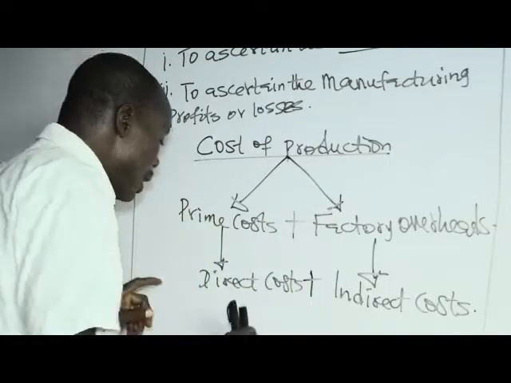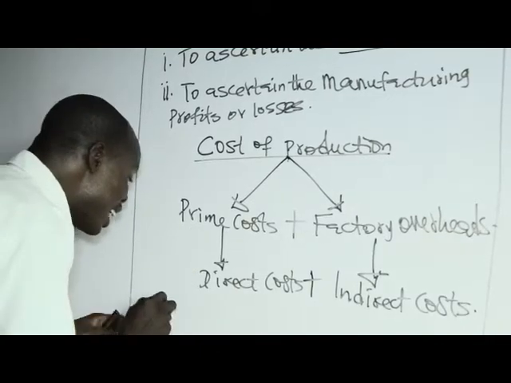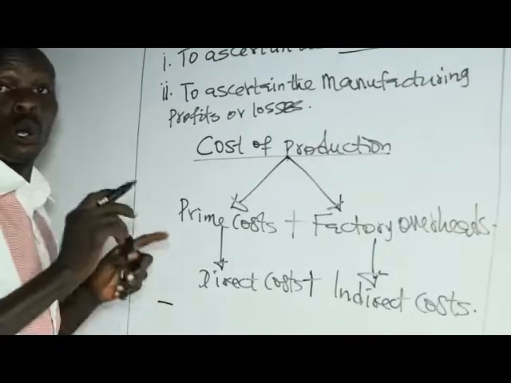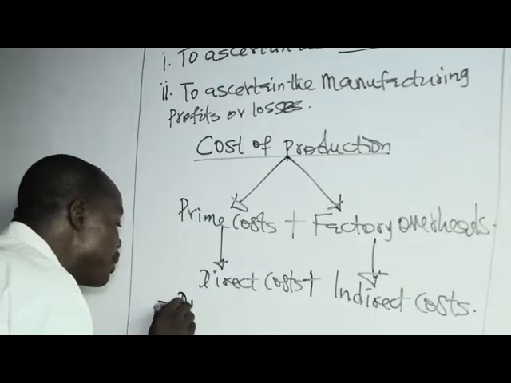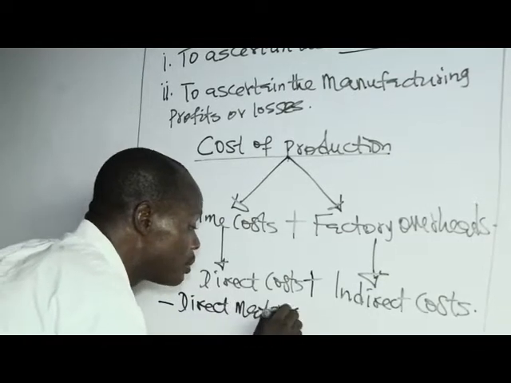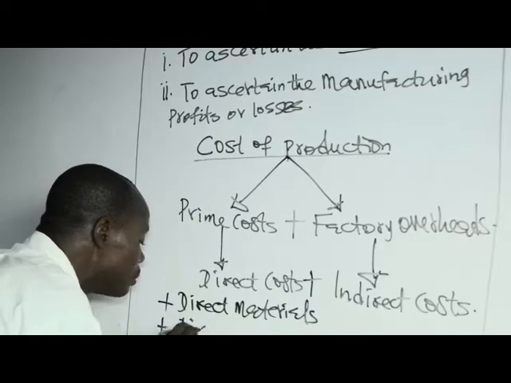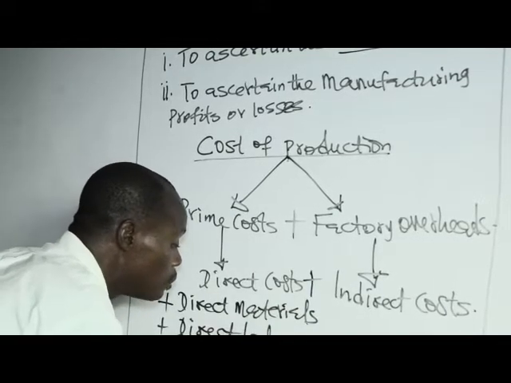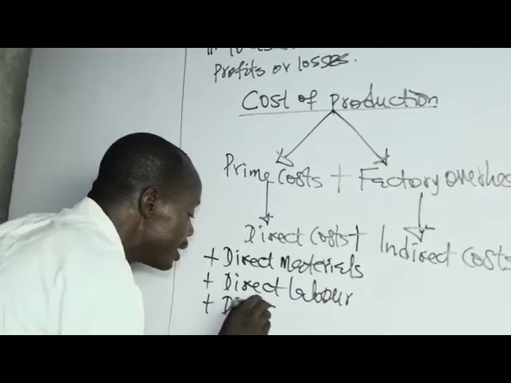Meaning that prime cost is the aggregate, aggregate means total, of direct materials plus direct labor plus direct expenses.